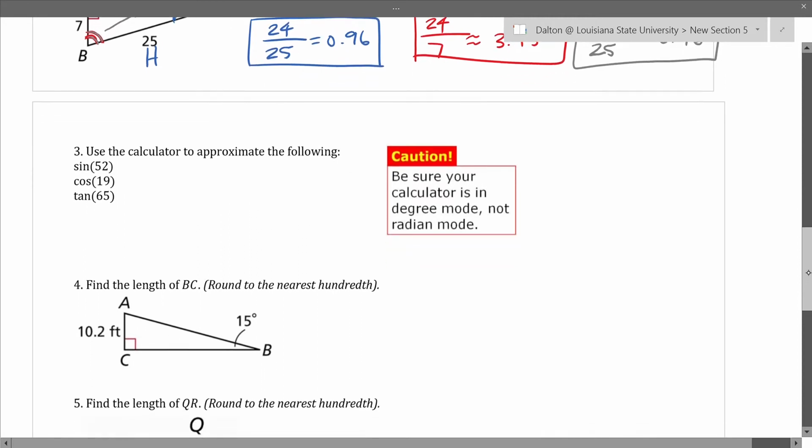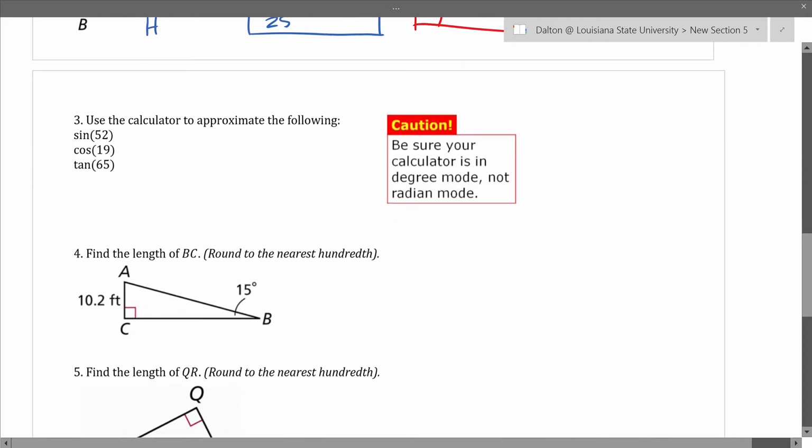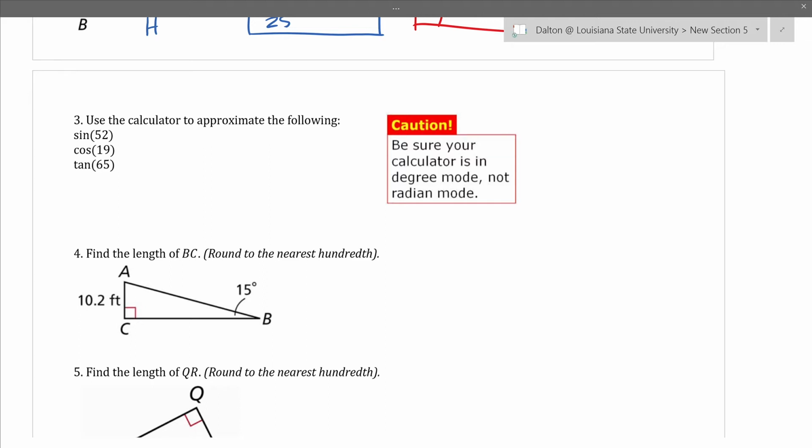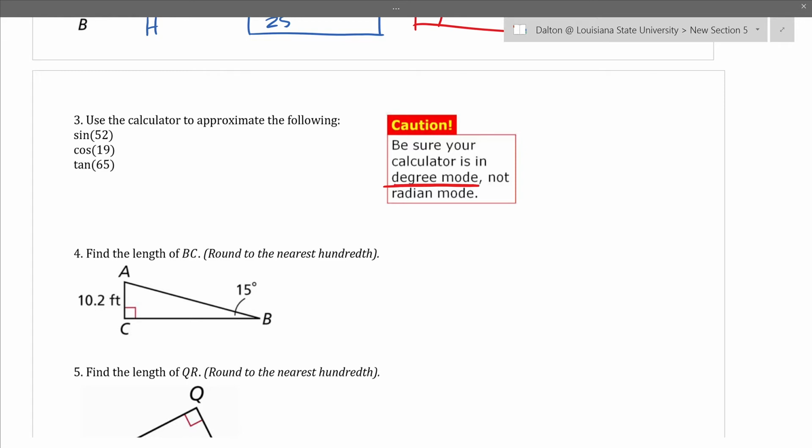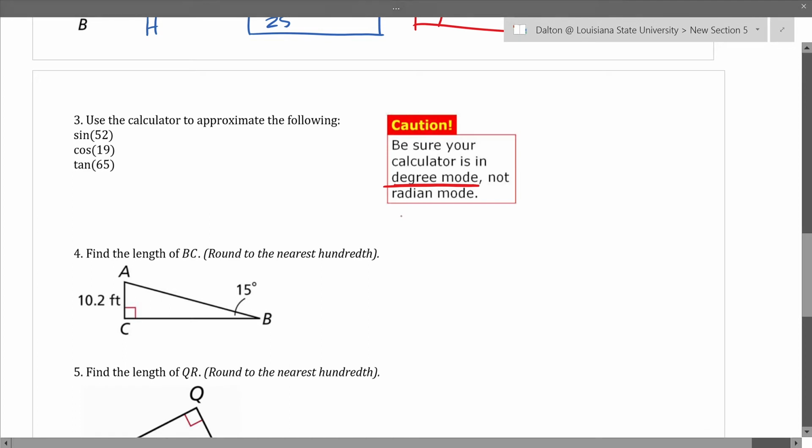Okay, number 3 on the back side. It says use the calculator to approximate the following. Now, on your calculator, the first thing you want to do, this little caution here that I have, is make sure that your calculator is in degree mode. You're going to hit the mode button, which is toward the top of your calculator.